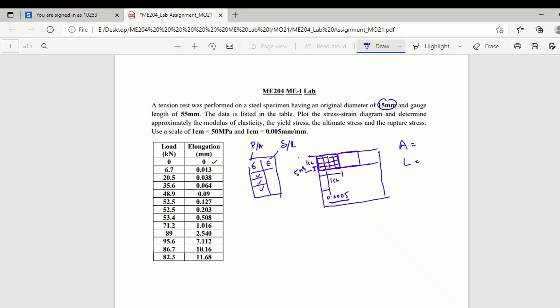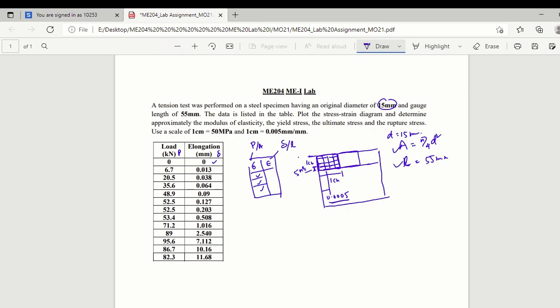Delta is given here, and it is P. So P by A, and this is L. L is given as 55. And A is pi by 4 d square, where d is 15 millimeter, right?